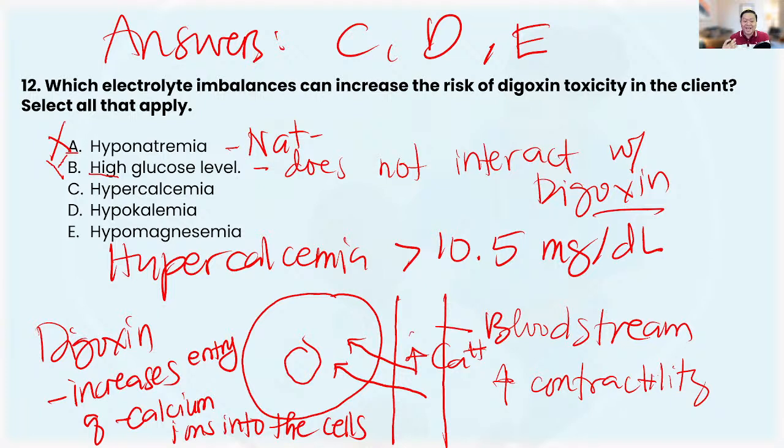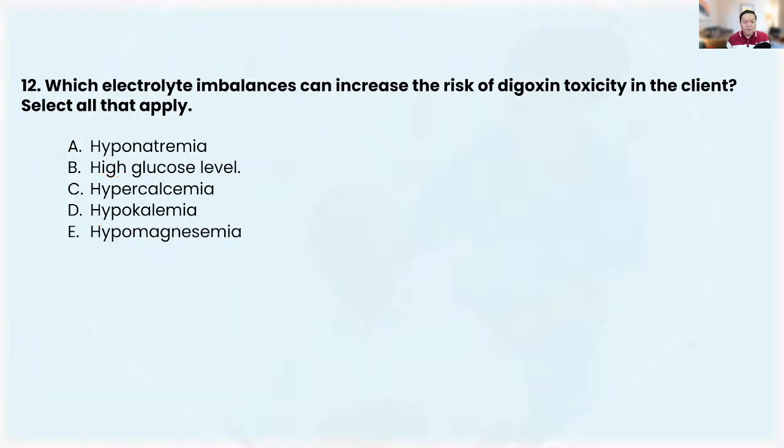It can enhance the effect of the digoxin, okay? Now, talking about the hypokalemia, let me erase this. When there is low potassium level, what's going to happen? It can also cause excitability.